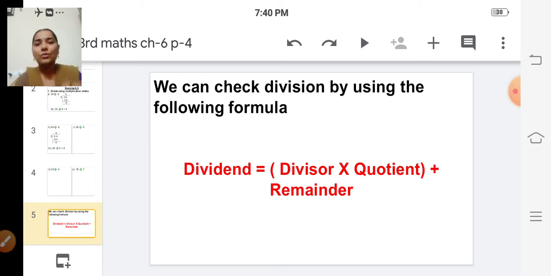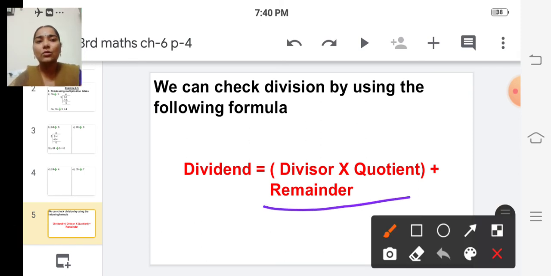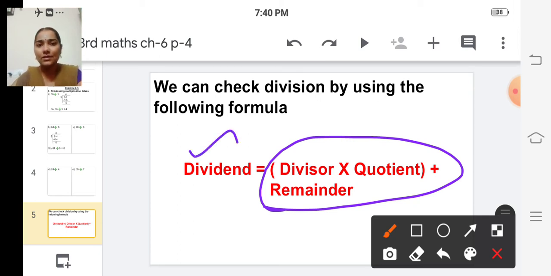If we do this calculation, we have to get the dividend as the answer. If we get the dividend as the answer, then the division is correct.